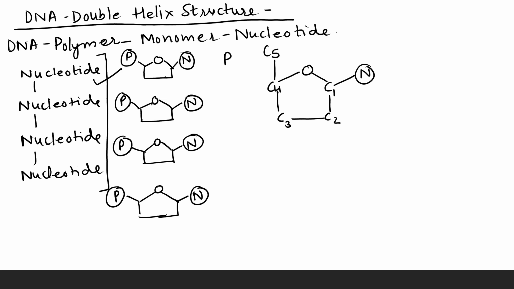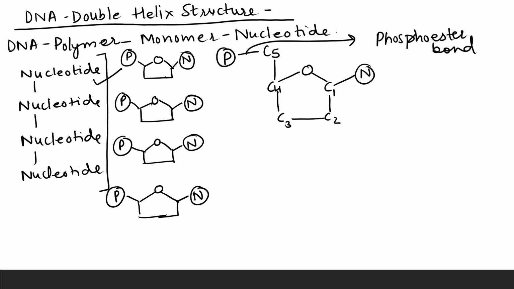So one phosphate group is there which is attached with this. And the bond between this phosphate and this C5, we all know, is known as a phosphoester bond, right? We all know this. So this is a phosphoester bond.